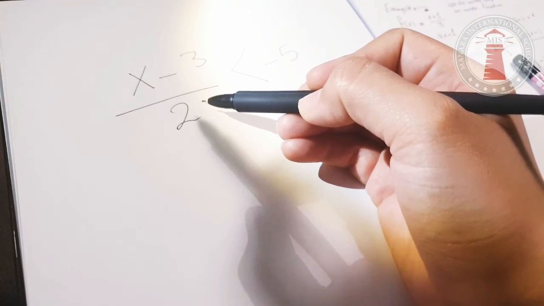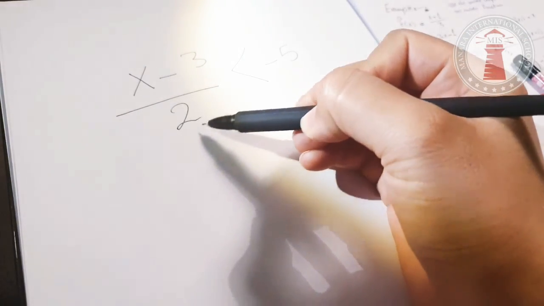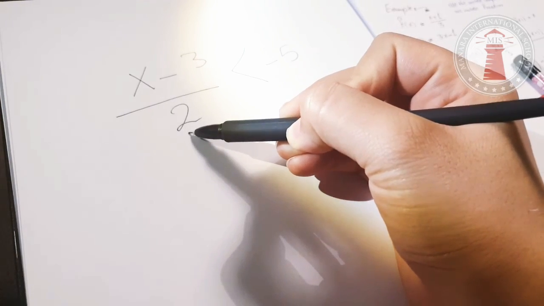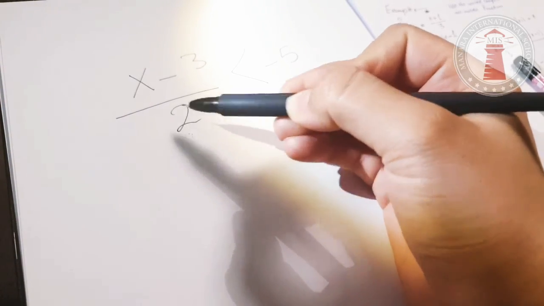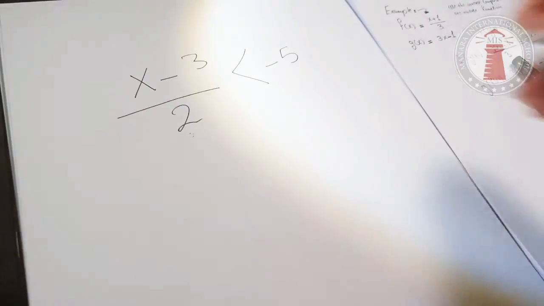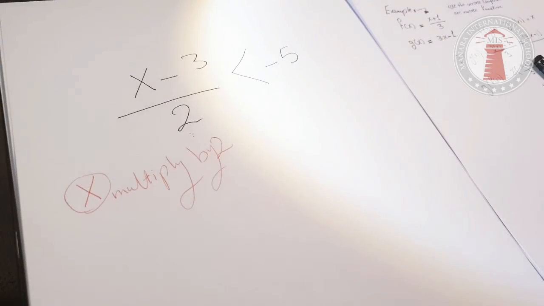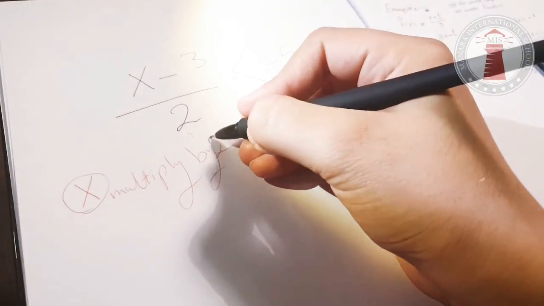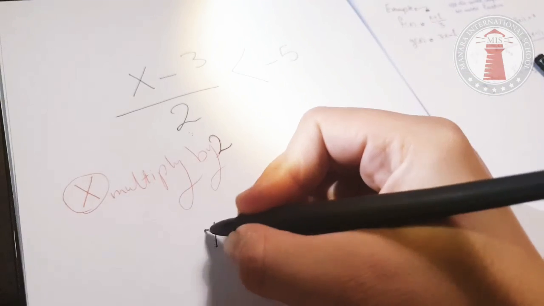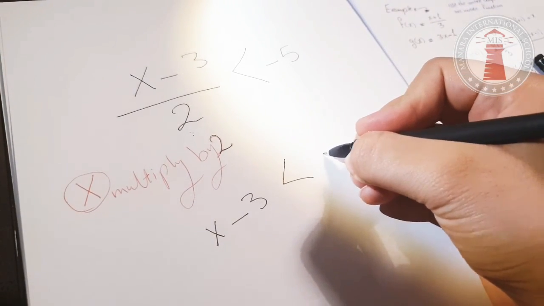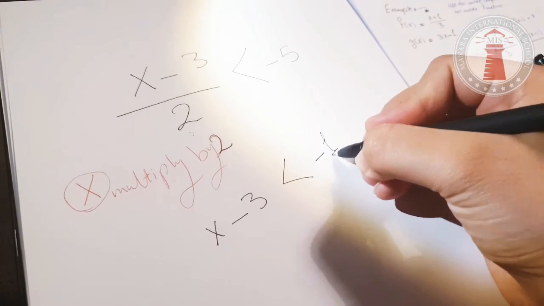Basically, we're going to eliminate the denominator that we have on the left side, which is the 2. How can we get rid of it? By multiplying both sides by 2. By multiplying both sides by 2, we're going to have x minus 3 is less than negative 10.